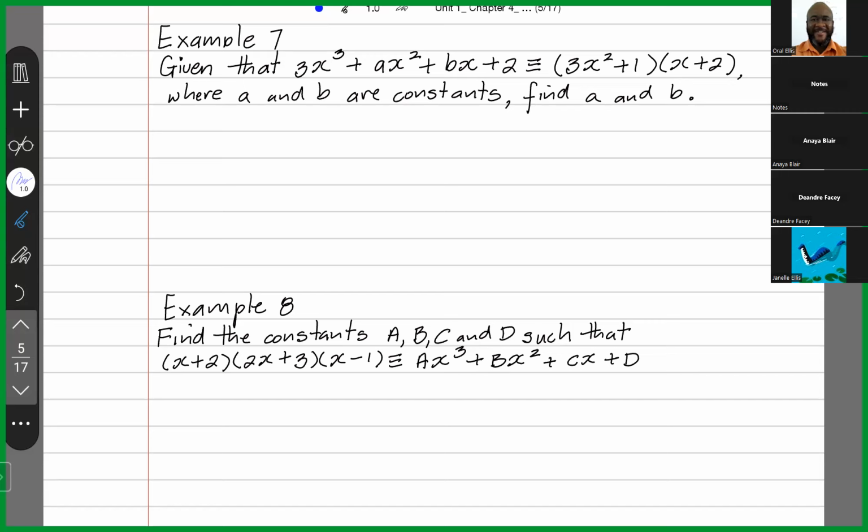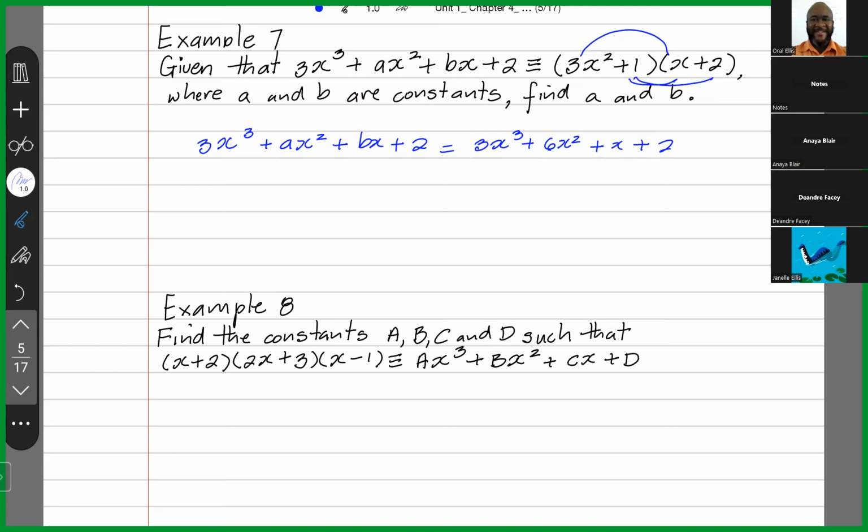All right, so what we have is 3x cubed plus ax squared plus bx plus 2 is equal to, on the right, 3x cubed plus 6x squared plus x plus 2.